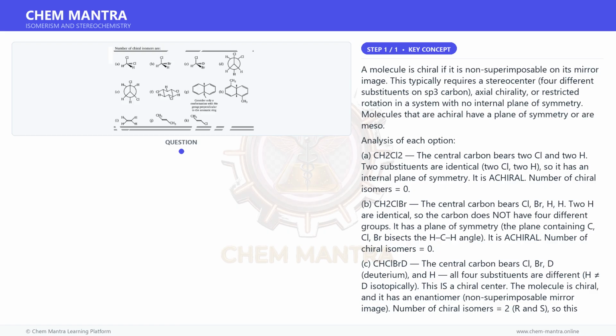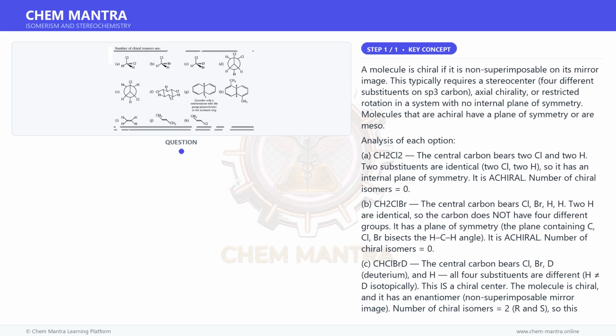E. Newman projection of 1,3-dichlorocyclohexane or a 1,1 arrangement. From the drawing, 1 Cl on top, 1 Cl on bottom right. This is likely 1,3-dichlorocyclohexane. The cis isomer is achiral, has a plane of symmetry. The trans isomer is chiral, but the question asks about the drawn structure.